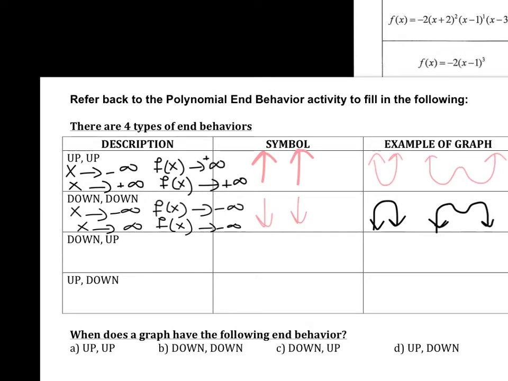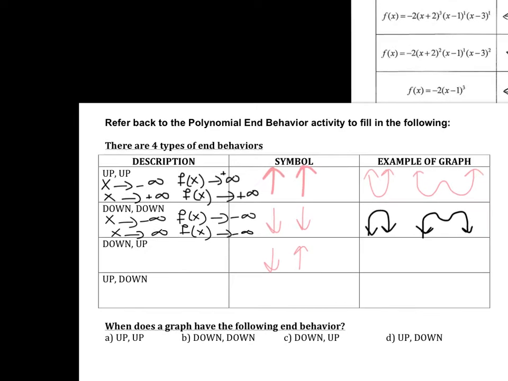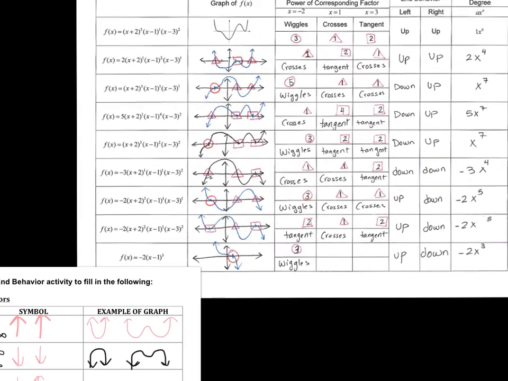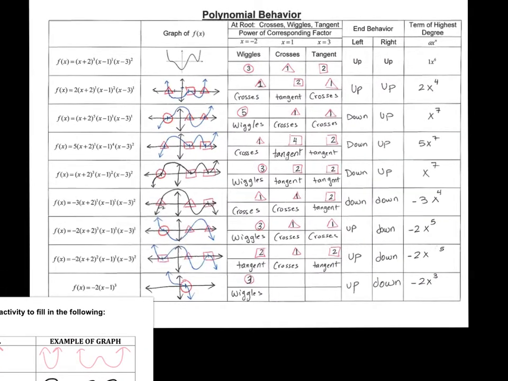Now, a down-up function. Let's look back at the activity that we did earlier. When did we have a down-up function? Let's look, a down-up function over here. We had a down-up function when we had the left pointing downward and the right pointing upward.